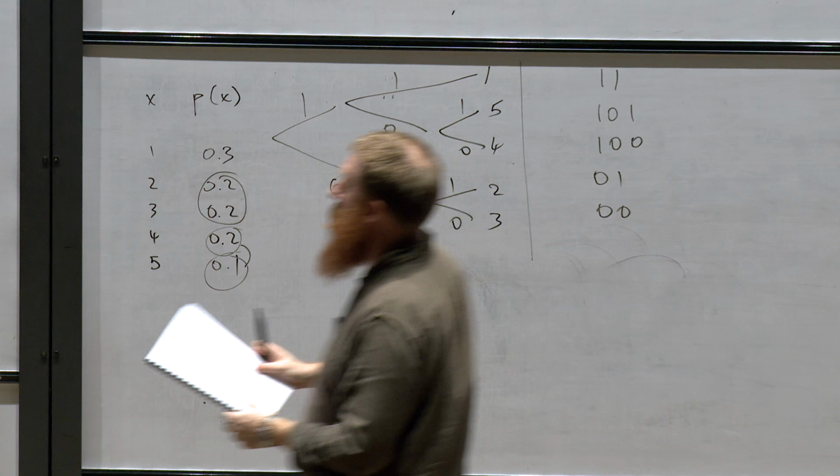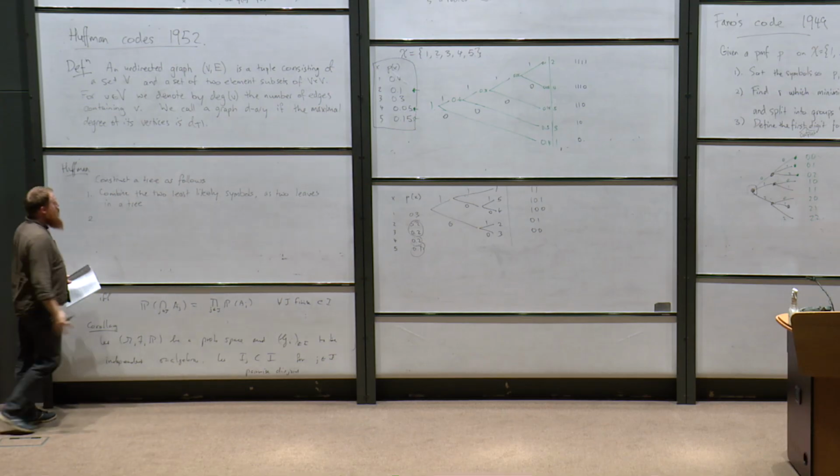Let's try and write the recipe out. Combine the two least likely symbols as two leaves in a tree.